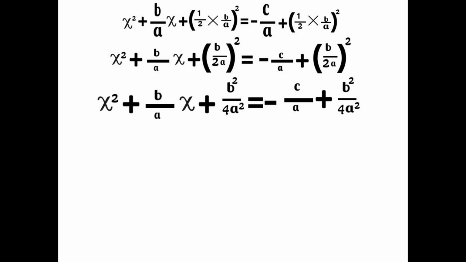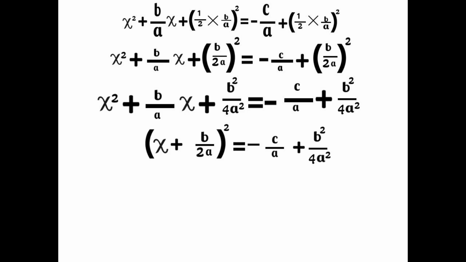So the left hand side can be simplified into (x plus b over 2a) squared equals minus c over a plus b squared over 4a squared. We find the common factor of the right hand side, and we use 4a squared. A squared is a times a.